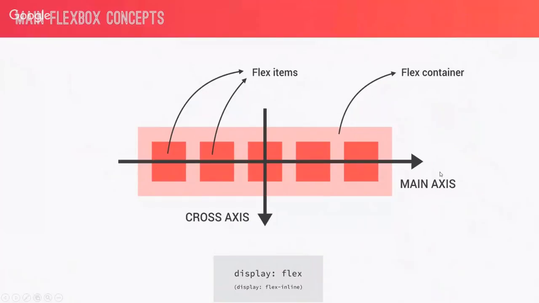This is the main axis that goes from left to the right of the flex container, and this is the cross axis which goes from top to bottom. And actually this is the only difference from what we studied previously in school in maths, because the y-axis, as we used to call it, usually went from the bottom to the top and not from the top to the bottom.